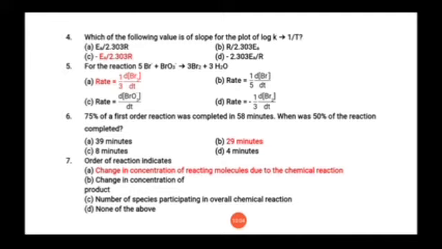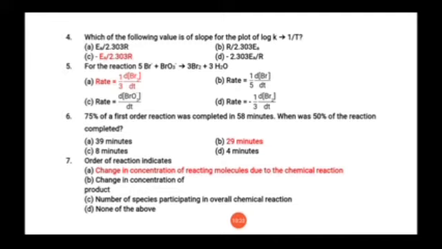And remember, whenever percentages are given, R0 is 100. If 75% of reactant is completed, how much reactant is left? It is 25. So substitute R0 as 100 and R as 25.